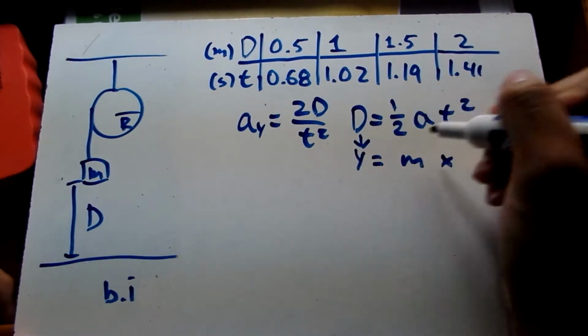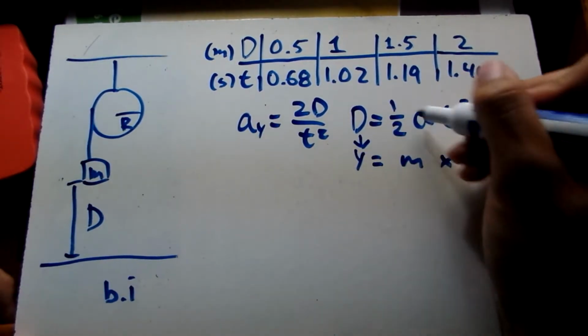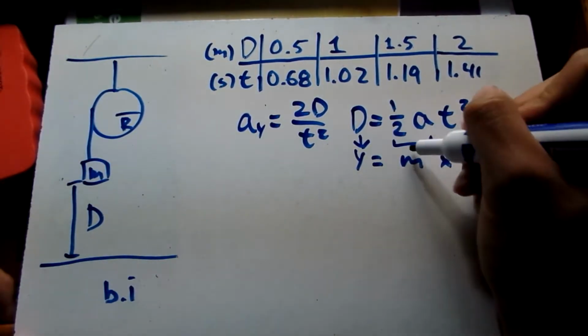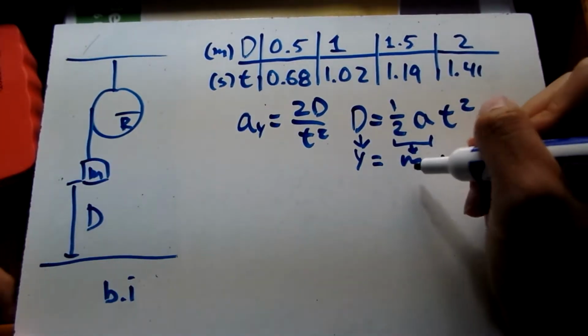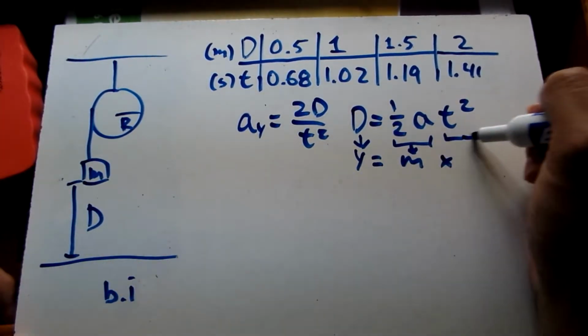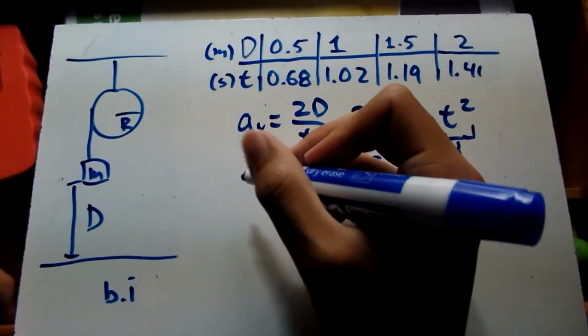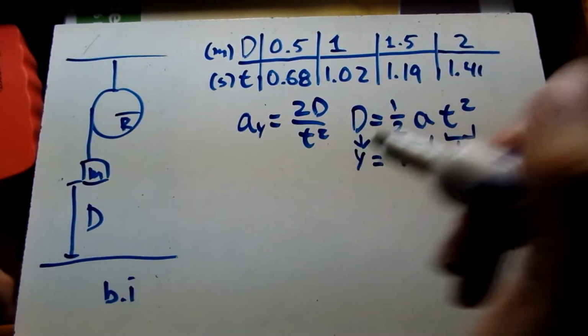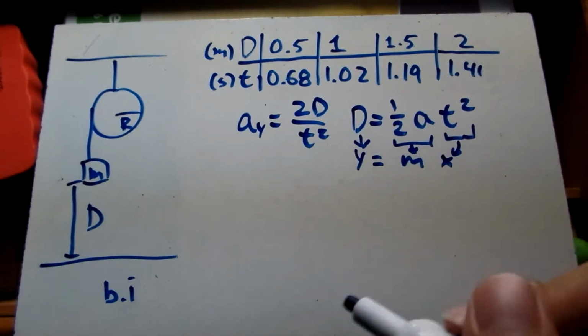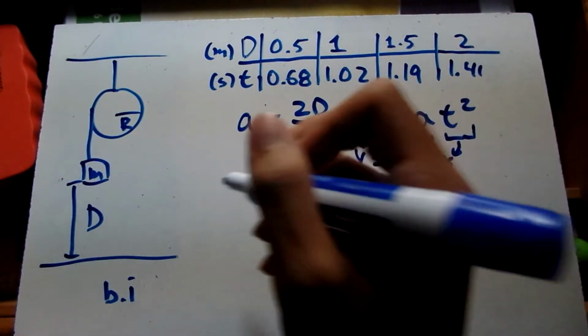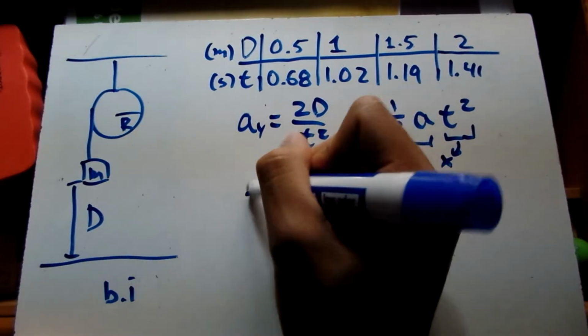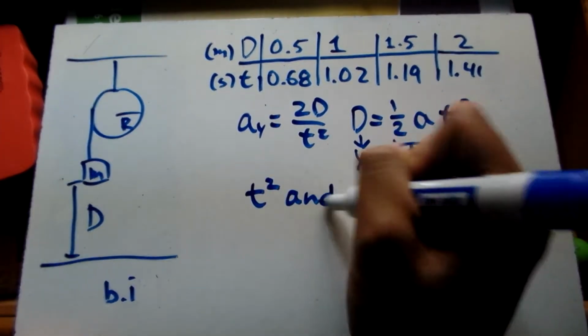d will be our y, and because we want the acceleration to be in our slope, we'll have that as m, and then t squared will be our x. So what we need to graph for a linear slope will be t squared and d.